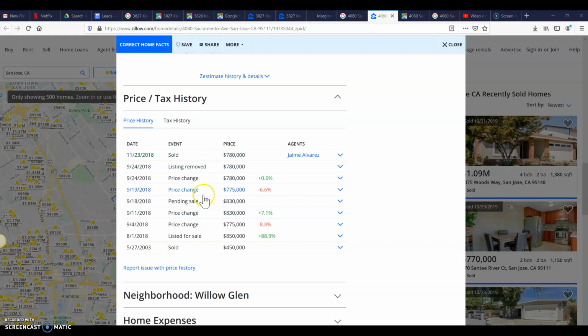The primary thing we're looking for is listed for sale and pending sale. Listed and pending. That's what we want to know, days on the market. So this is kind of what separates the newbies from the experienced people, is the listed date from the pending date. Because when it went pending, that means they went to contract, okay?